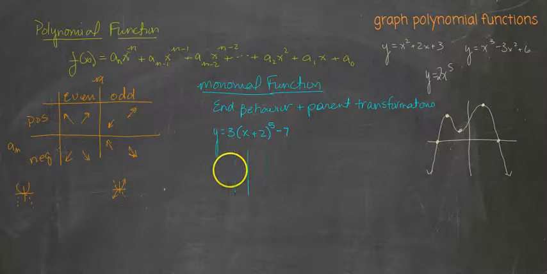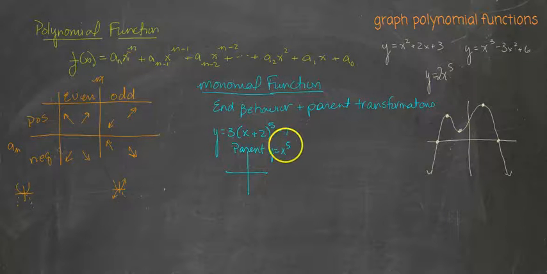Well, the parent for this is y equals x to the 5th, and we know that y equals x to the 5th behaves a lot like y equals x cubed because it has an odd power, and so we know that the parent is a positive odd, so it goes this direction. So the end behavior is going to do something like that. It's the y equals x cubed, but it's going to stretch out kind of at 0.